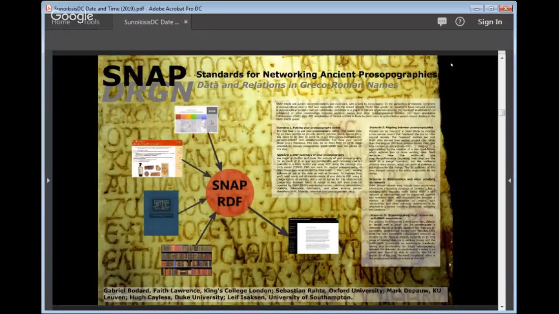So this can include prosopographies, big databases of person information and collective biographies. It can include name databases like lexicons. Lexicon of Greek Personal Names is an excellent example. And it can include other lists or authorities of person information, such as library catalogs and so forth.